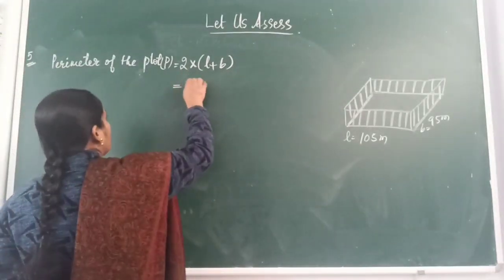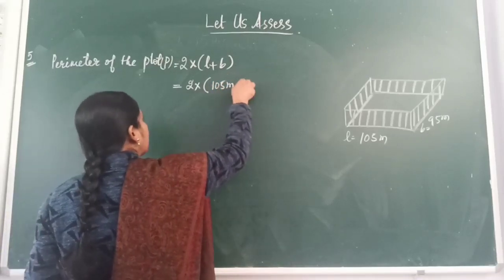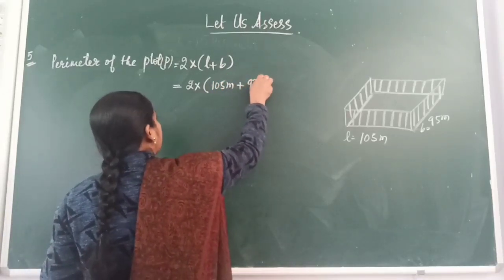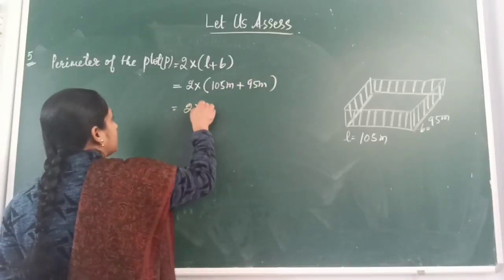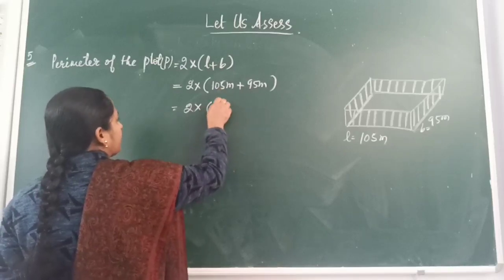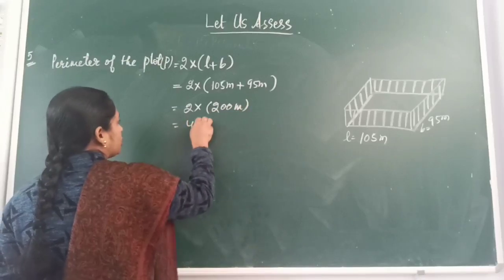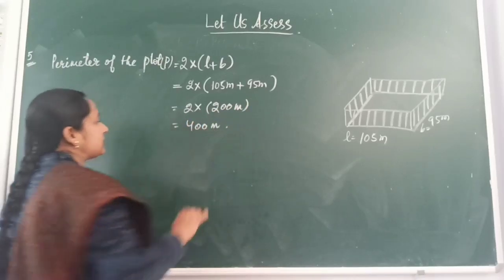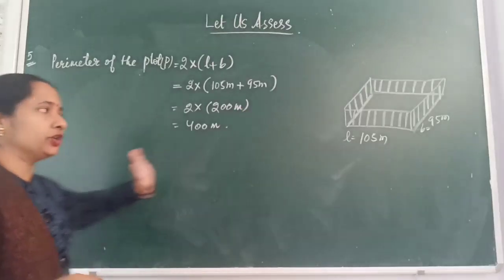Now here 2 multiplied by length, 105 meters, plus breadth, 95 meters. Right? Now 105 plus 95 is 200 meters. So we get a total of 400 meters as the perimeter of the rectangular plot.